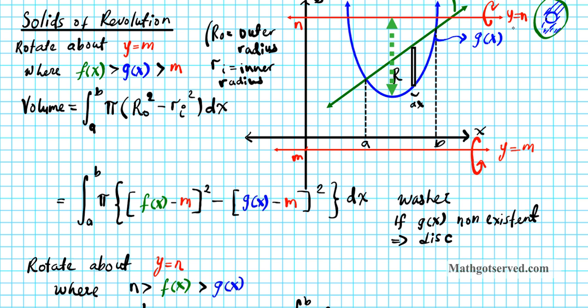Basically, you'll be subtracting g, this piece right here, from n, which is the entire length from here to here. When I subtract g from n, that will give me the outer radius right there.